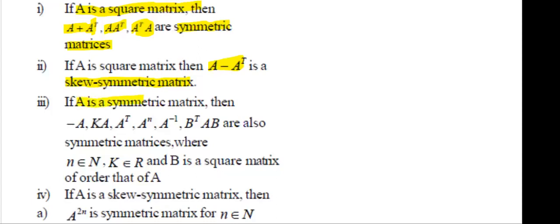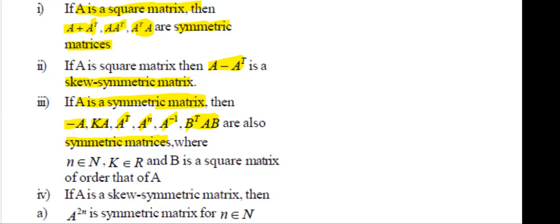If A is a symmetric matrix, then minus A, A transpose, A power n, A power minus 1, B transpose AB are also symmetric matrices.